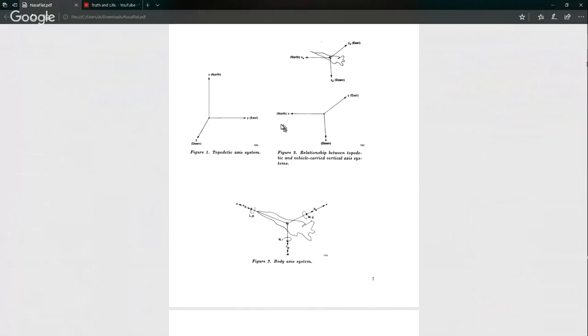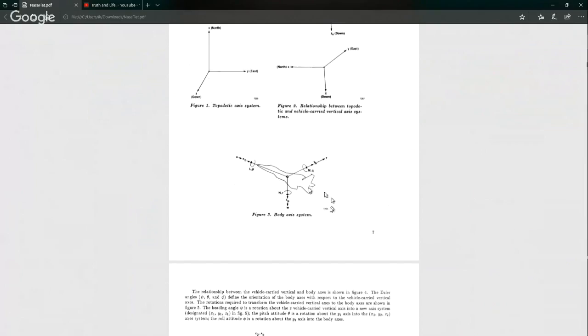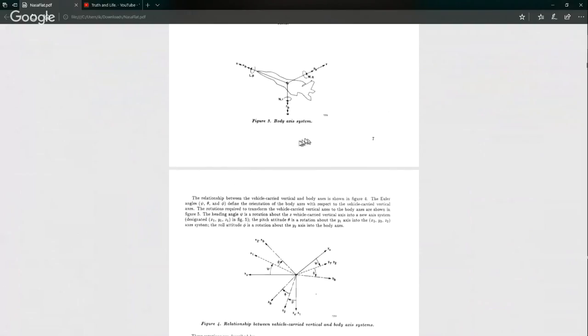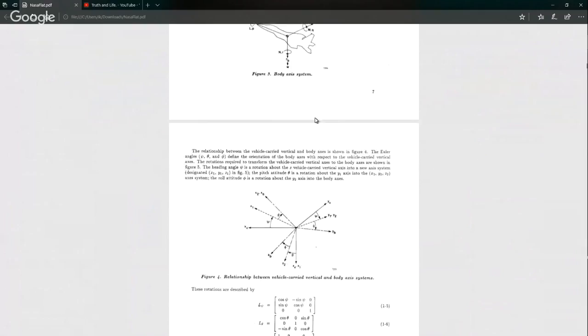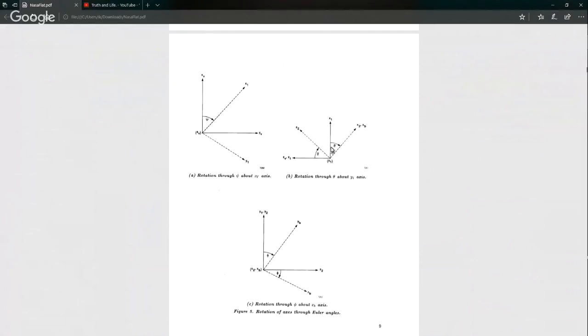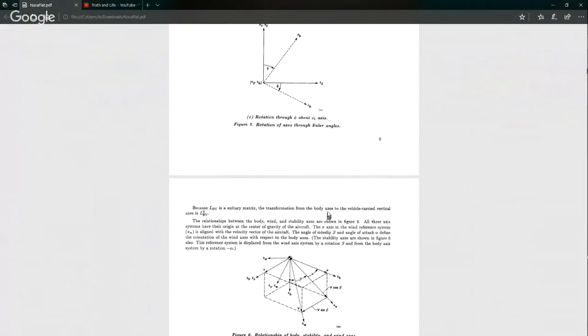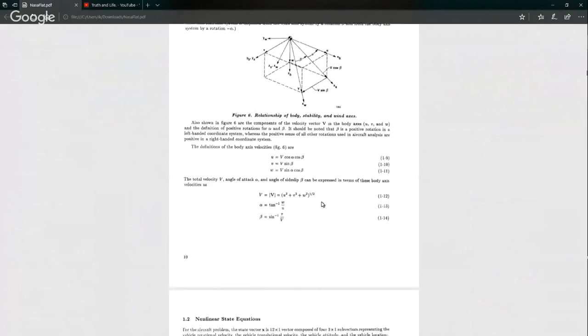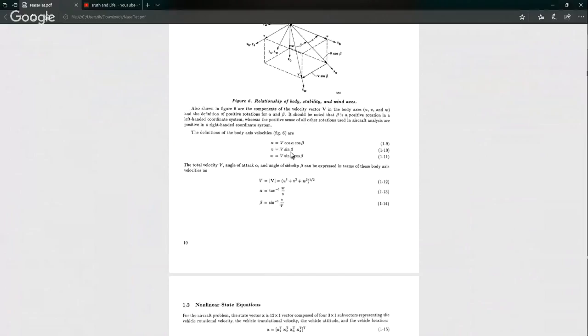All straight lines, north, east, down. The body axis system. You think this is difficult? Wait a moment, I'll show you what is difficult. Look here, it starts already with these formulas.